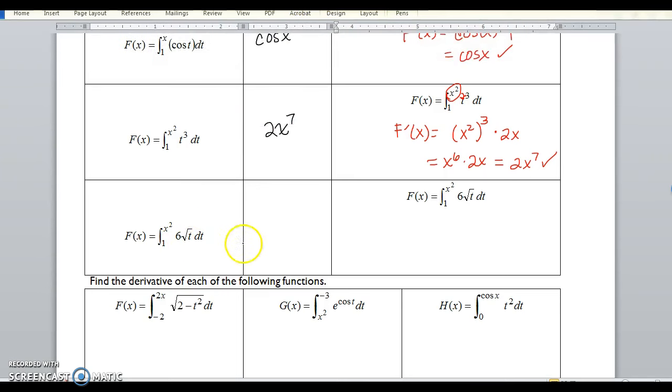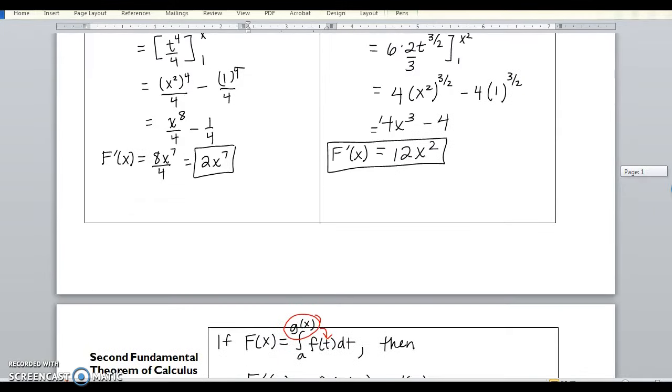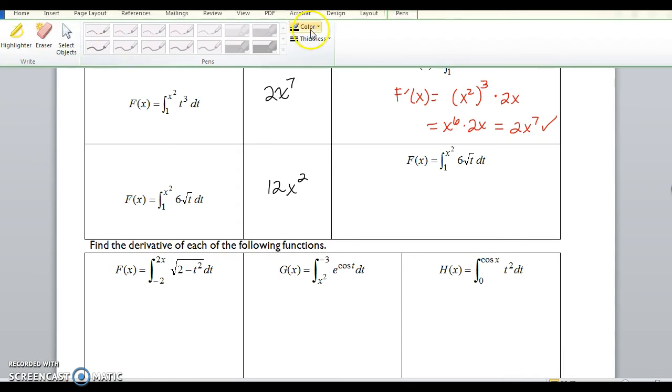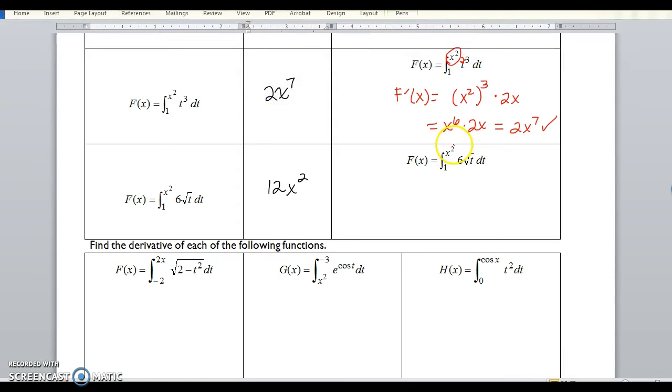All right, when we did the integral from 1 to x squared of 6 radical t, we got 12x squared, or was it just 12x? Nope, 12x squared, okay. All right, so let's use the second fundamental theorem of calculus.